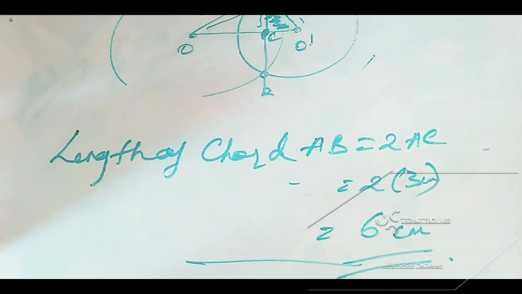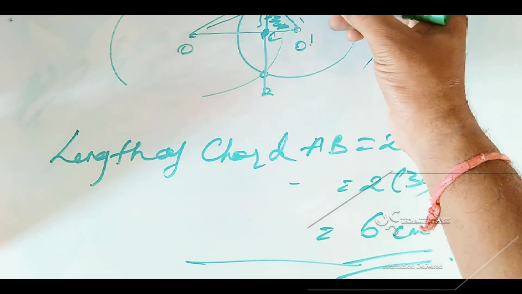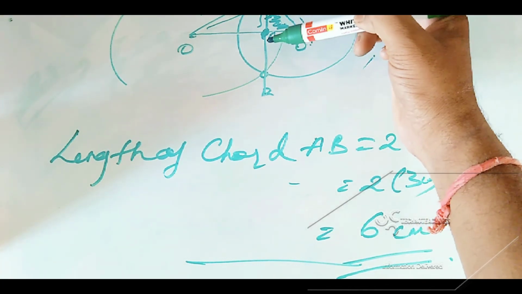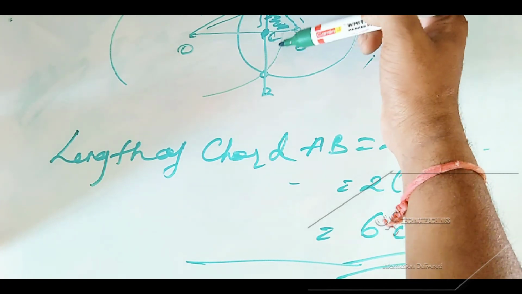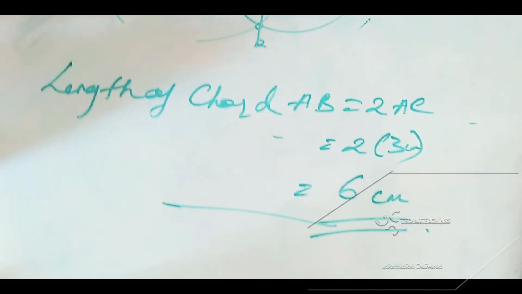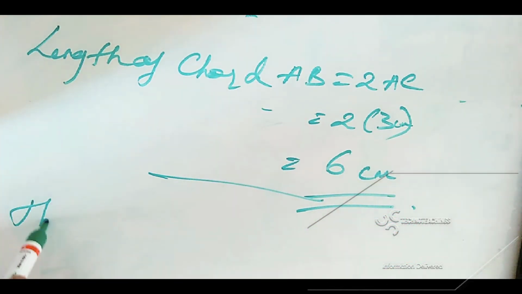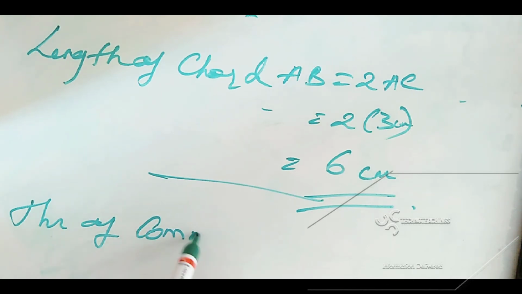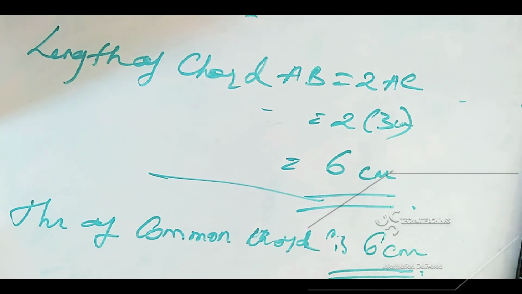So this is a very simple way of finding the length of the common chord using the perpendicular bisector which bisects AB. So finally we can conclude this problem: the length of the common chord is 6 centimeters. In the next class we'll be seeing some more problems.